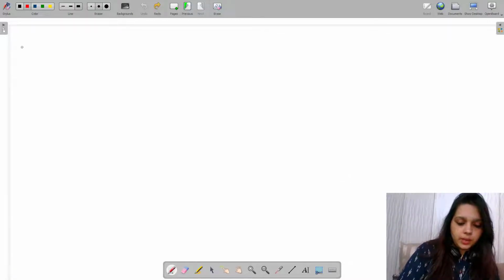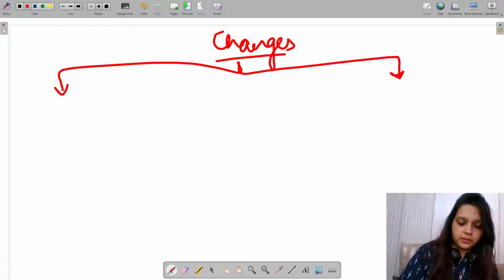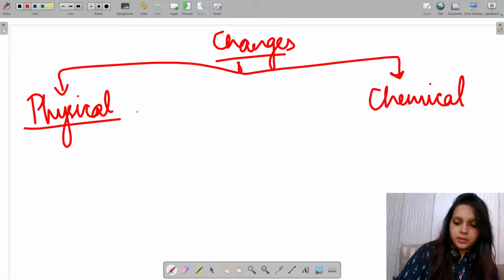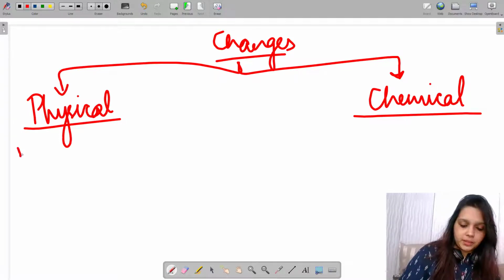So firstly we're going to talk about two types of changes, right? The changes that we can have could be either physical or chemical. In simple physical changes, the entire property doesn't change, the identity of the substance remains the same, right?